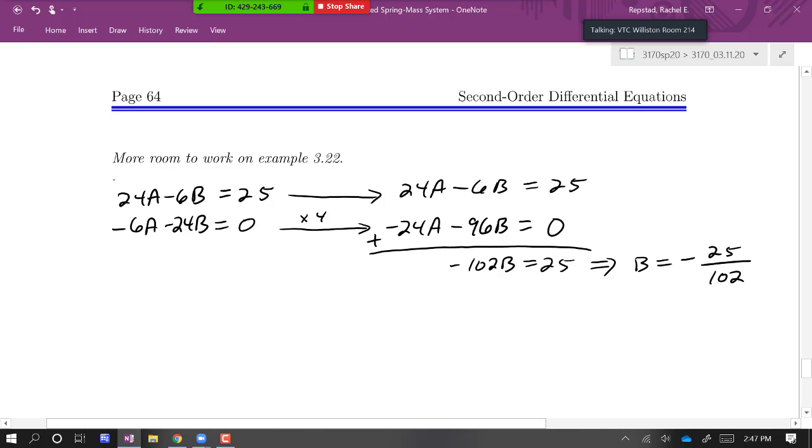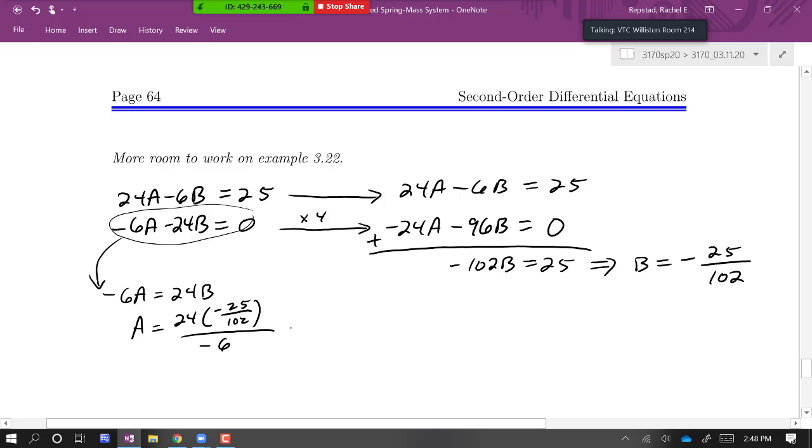And if we just plug this into one of these equations, solving for a, a is 24 times negative 25 over 102 divided by negative 6, which is 50 over 51.